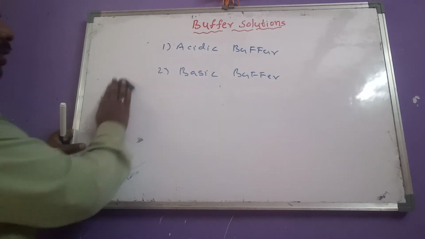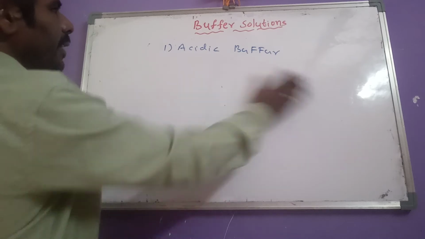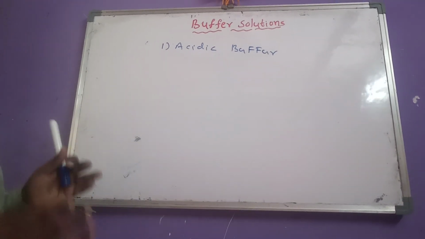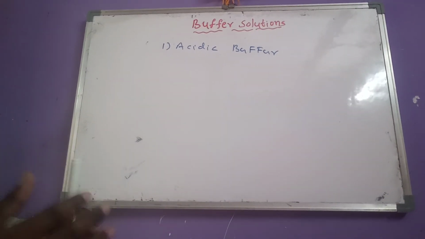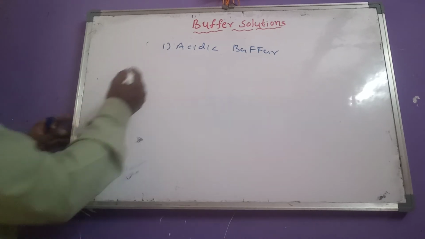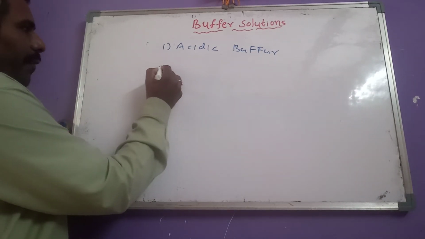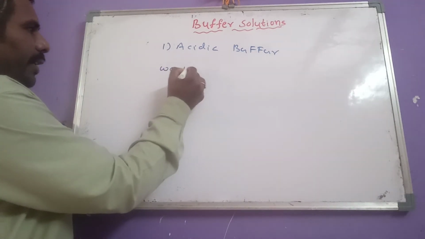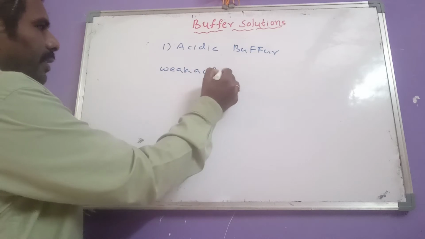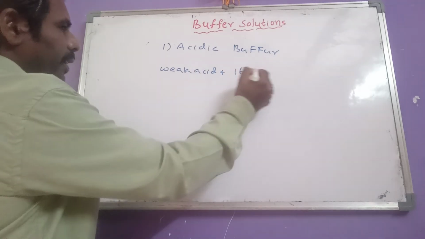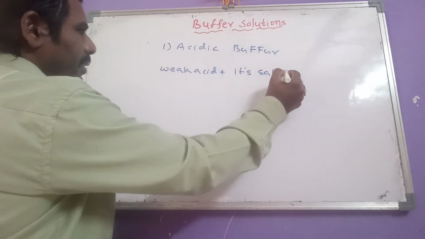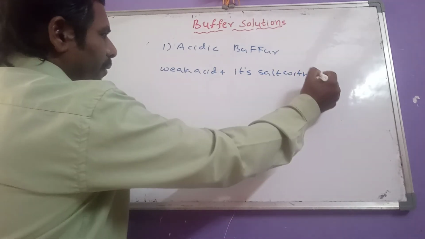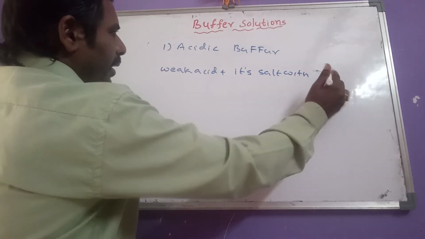Okay, now let us see first acidic buffer. Which mixture is called an acidic buffer? Let us see here. A weak acid we have to consider, and its salt with strong base. Its salt with which one here?